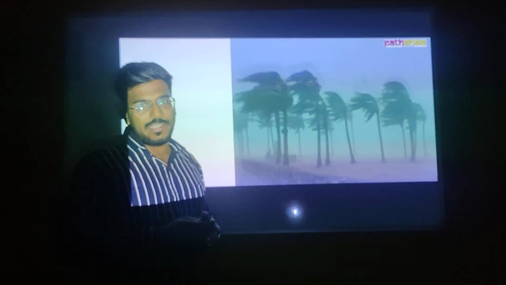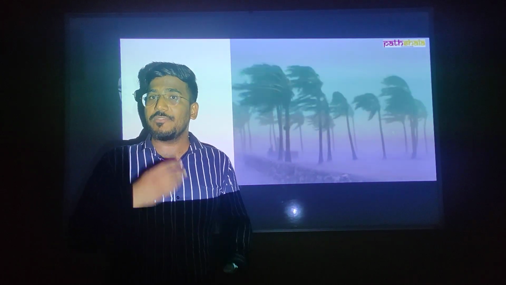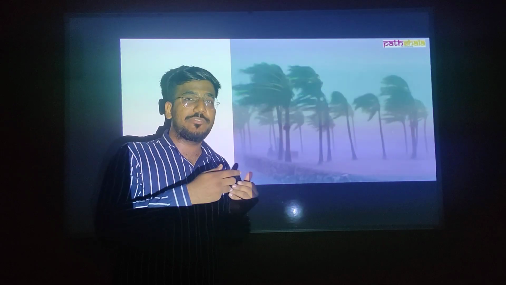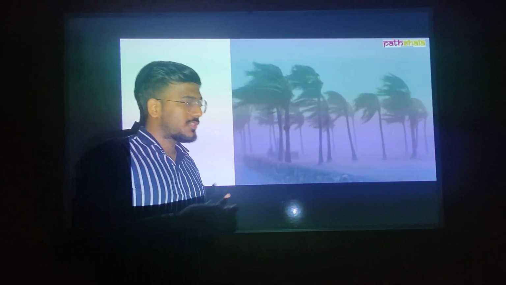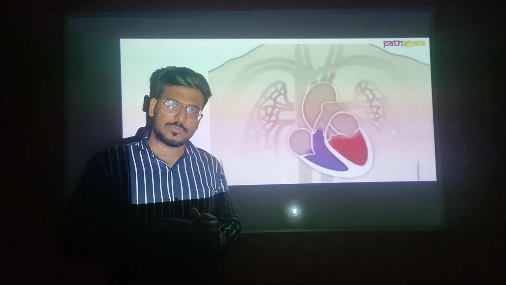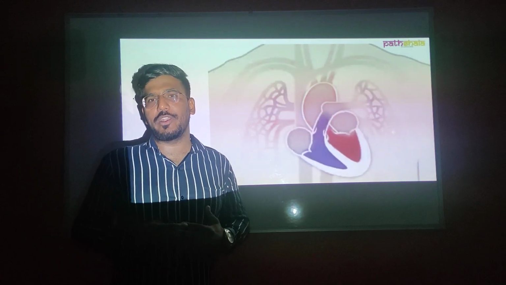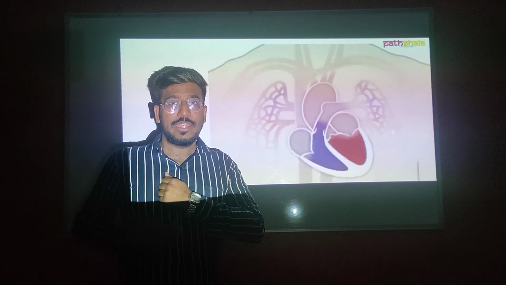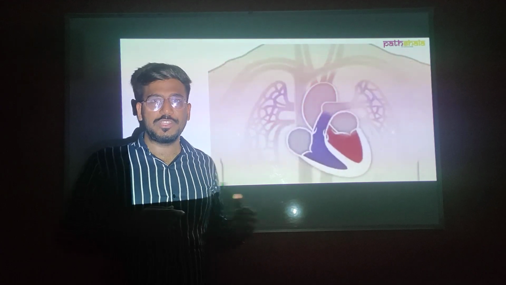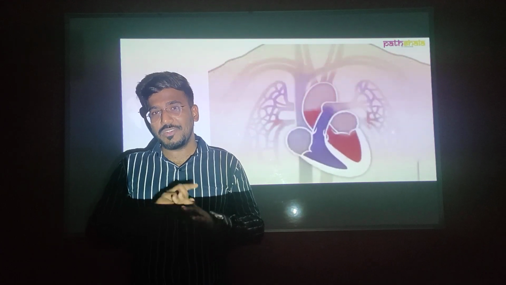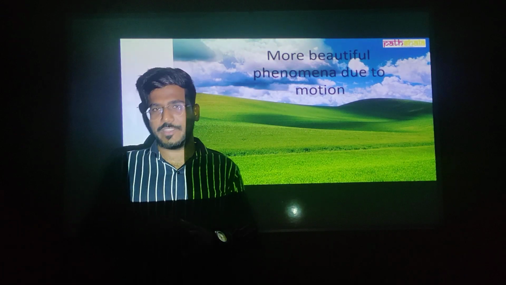The first is the motion of the winds due to a thunderstorm. We actually cannot see the winds, but we can feel the breeze due to it. Second, we cannot actually see the flow of blood in our body, but we can feel it when the heart pumps. So these were examples in which we cannot see the motion, but we can definitely feel it.